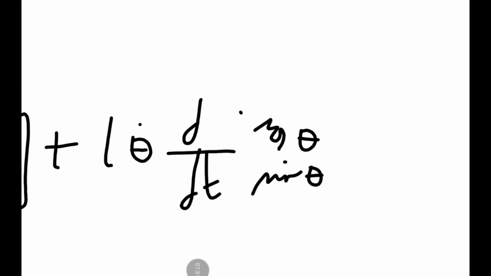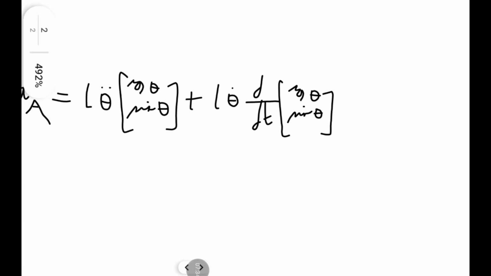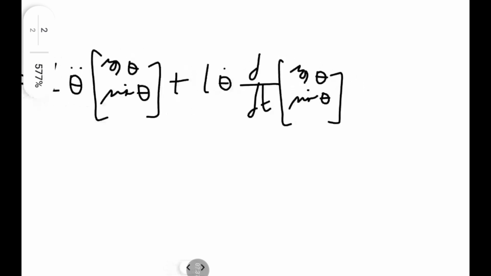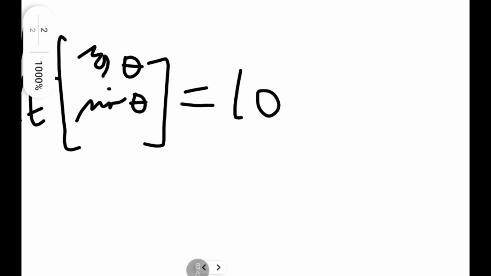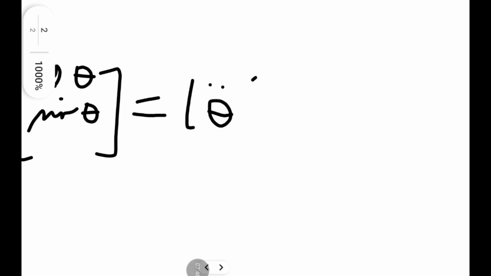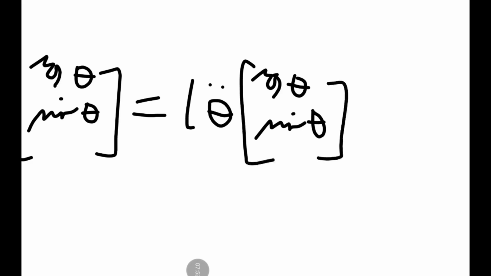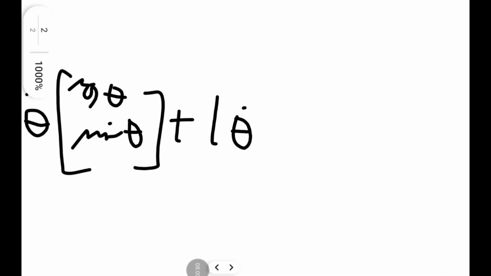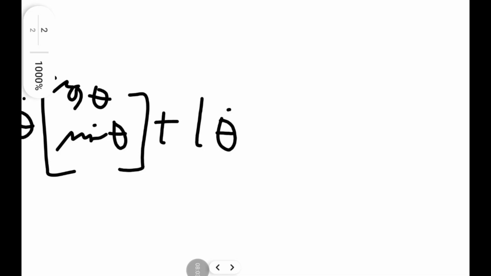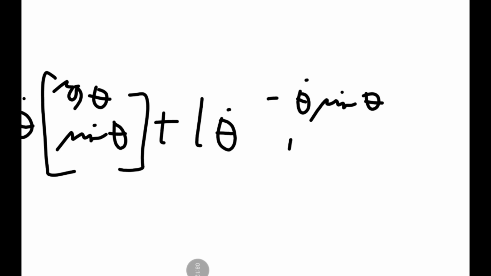That's the acceleration of A, which is therefore going to equal L theta double dot, cosine of theta, sine of theta, plus L theta dot, and then in there it's going to be the same, with the chain rule: minus theta dot sine of theta, and in there, theta dot cosine of theta.